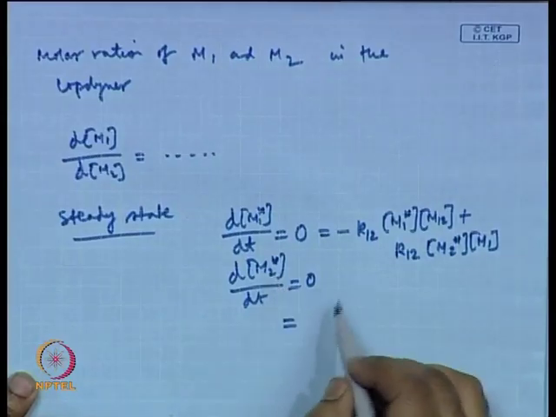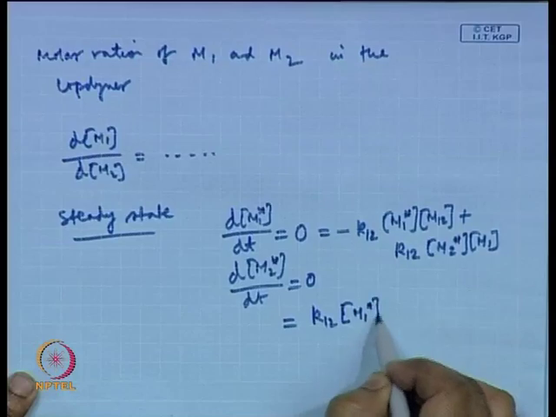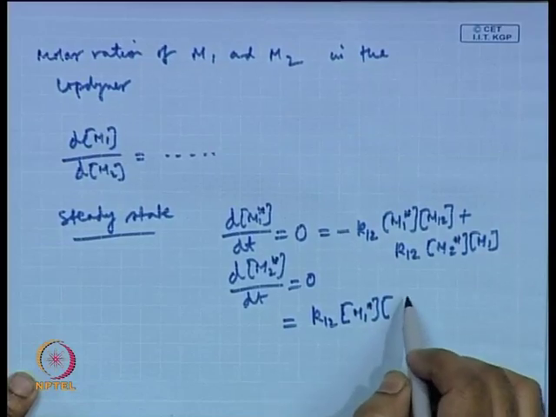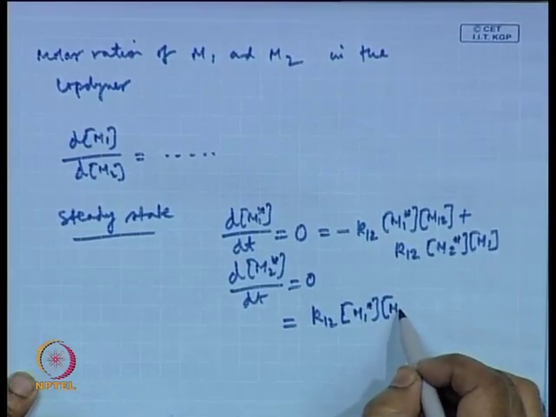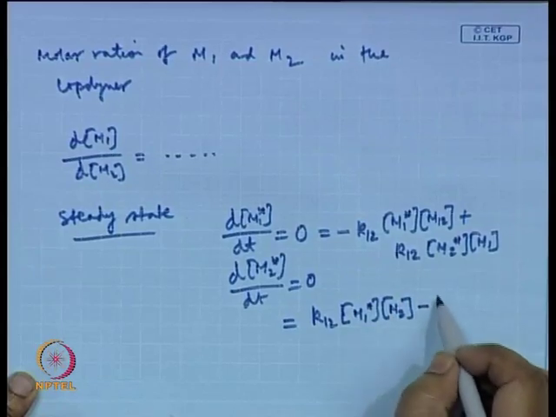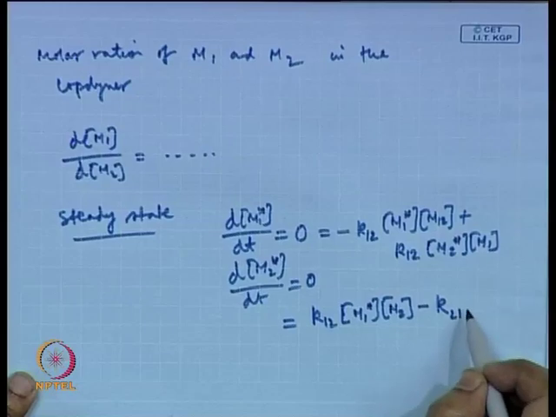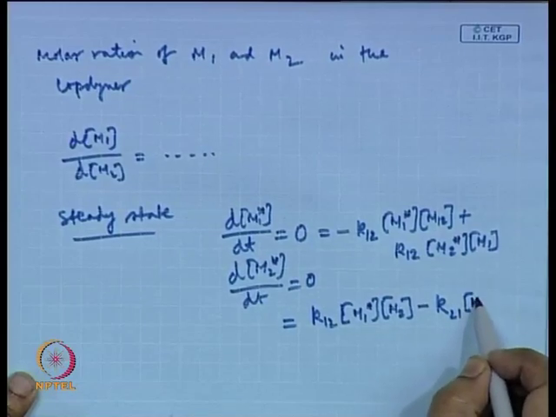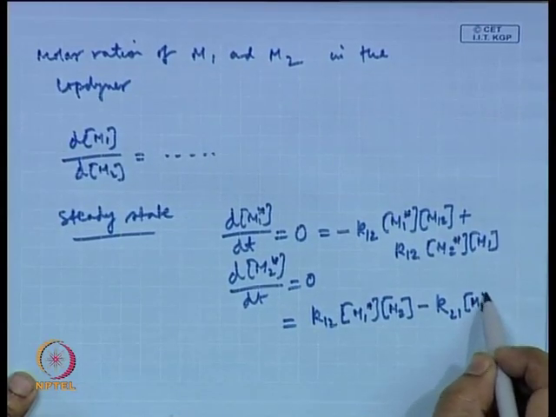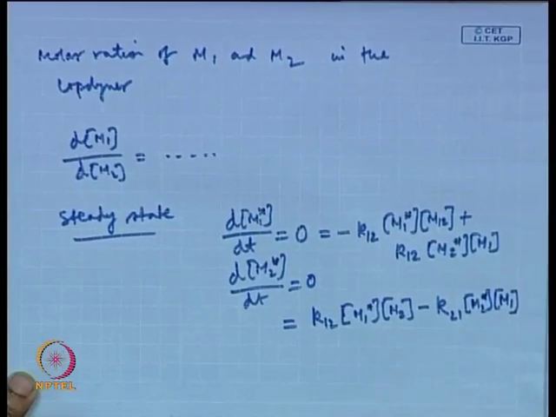And in case of M2, this is step 2 where M2 star is getting produced, and in step 3 where M2 star is getting consumed.